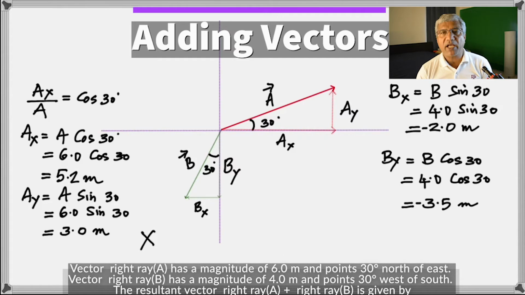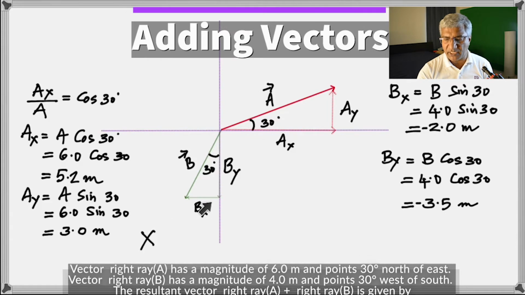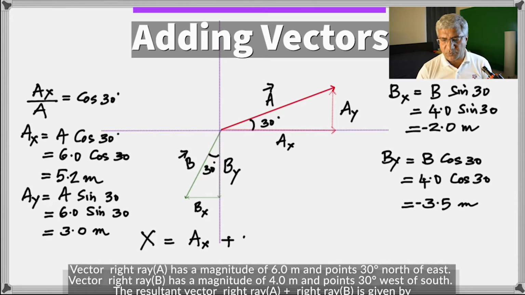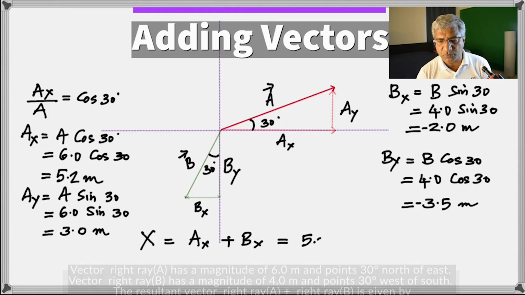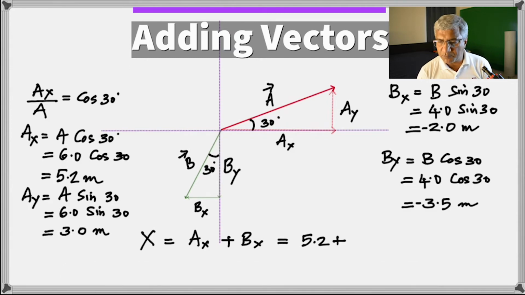Next, we have to add the x components together. So you have AX and you have BX. Add them, so you will get the total x. So that is AX plus BX. And what was AX? It was 5.2 plus BX was negative 2.0.